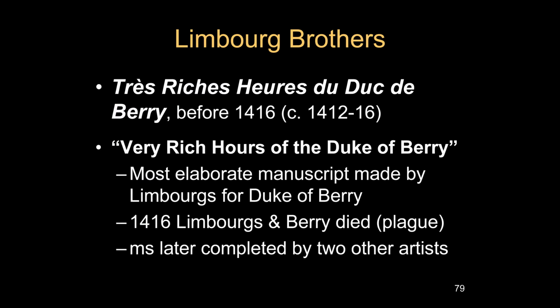The most famous of the manuscripts by the Limbourg brothers is known as the Très Riches Heures of the Duke of Berry, the Très Riches Heures du Duc de Berry, or the Very Rich Hours of the Duke of Berry, so just sometimes known as the Very Rich Hours.